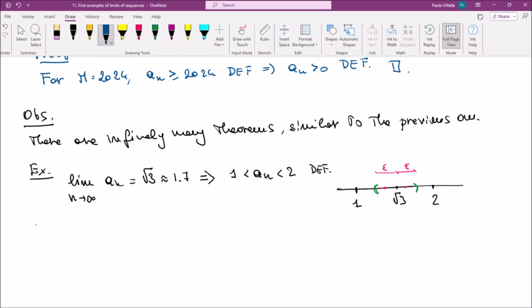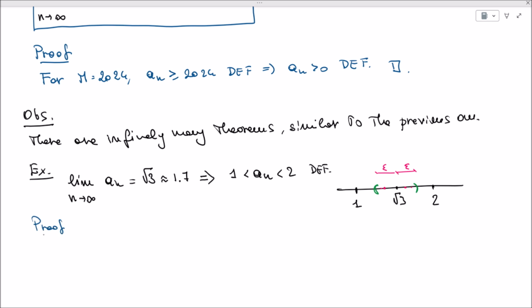Well, we can easily prove this by giving a specific value of epsilon, because we know that it must be true that 1 is less than the square root of 3 minus epsilon, and 2 will be larger than the square root of 3 plus epsilon. So this is just concluding the proof.